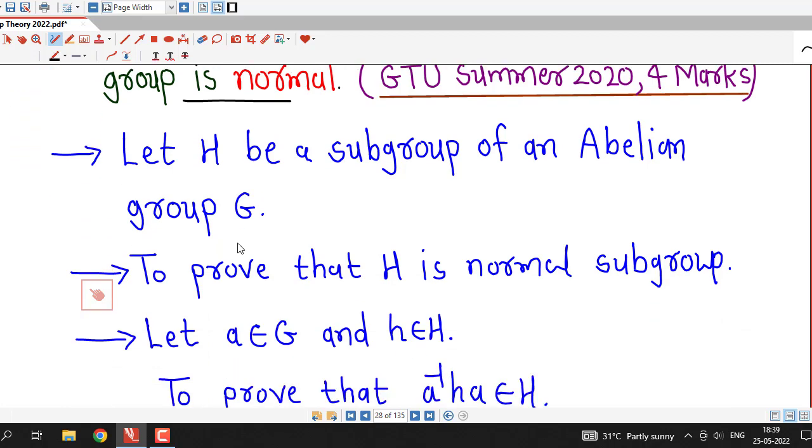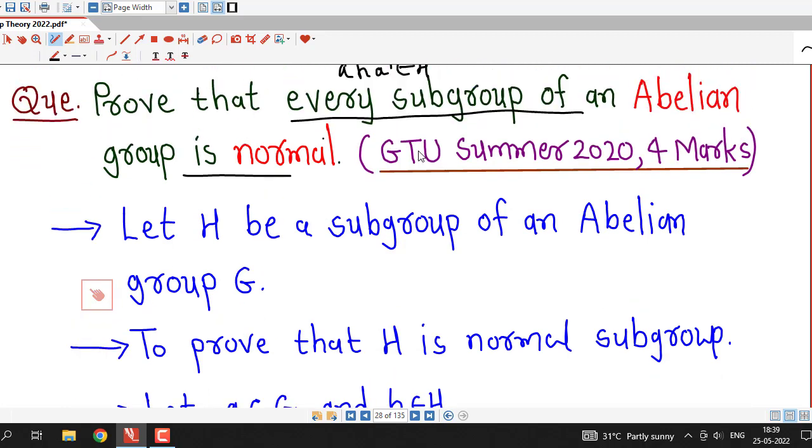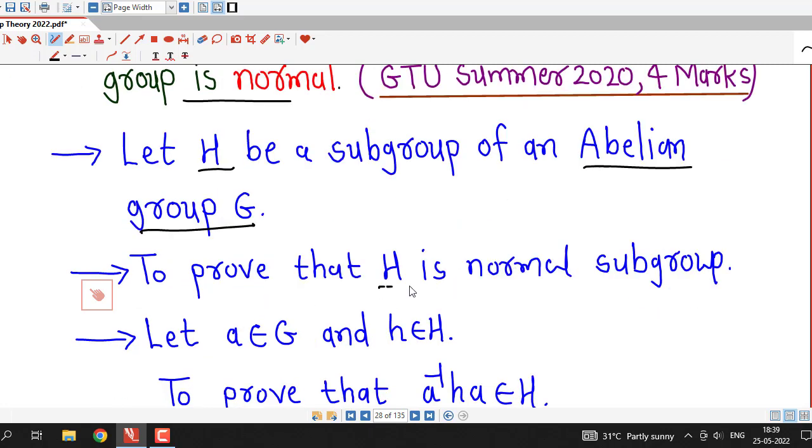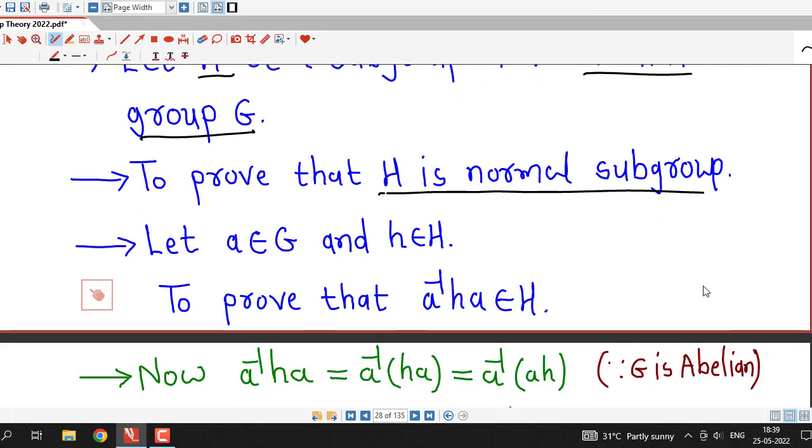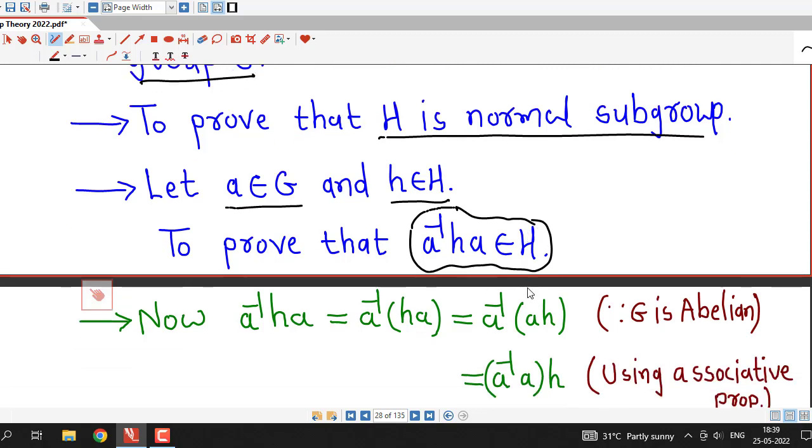Okay, we have to write systematically. Here I have written this proof systematically. Let capital H be a subgroup of an abelian group G. To prove that H is a normal subgroup, we start by taking any element A in group G and any element h in subgroup H, and we want to prove that A inverse h A is in capital H. So we start by writing A inverse h A. This we can write as A inverse in the bracket h A. So here we are using the associative property.